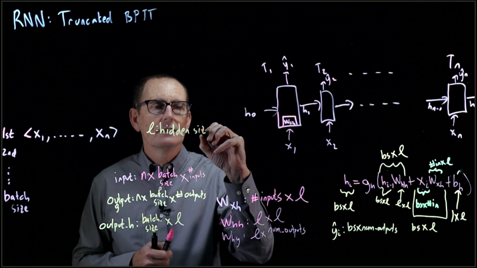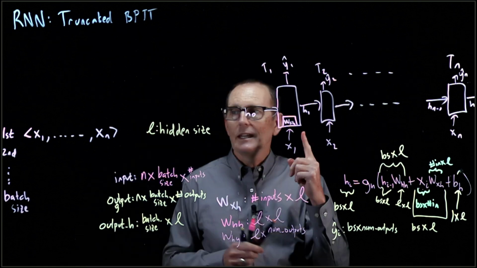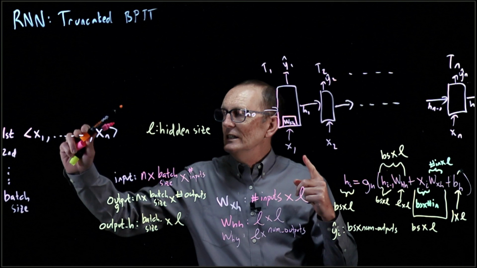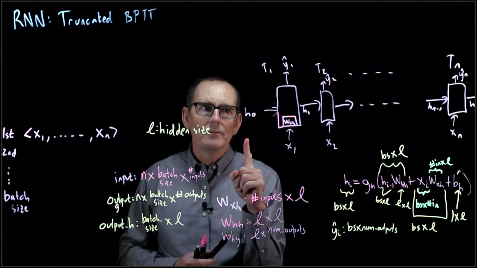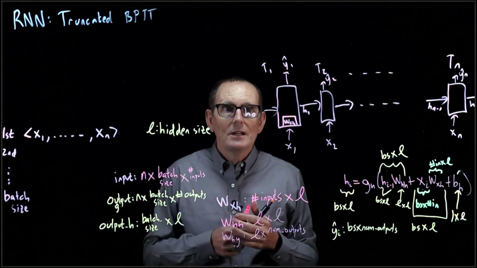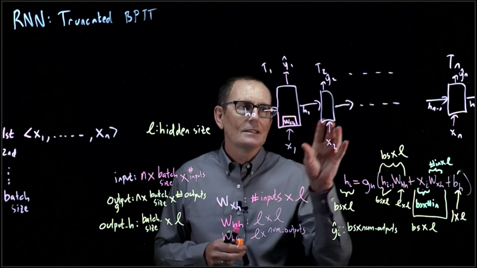If L was 1, that would say h is just containing, for each separate input in the batch, each instance in the batch, just one number. So we're trying to keep track with one floating point number of all the history we've seen. That seems very limited, so we might increase the hidden size, and that'll increase the power.